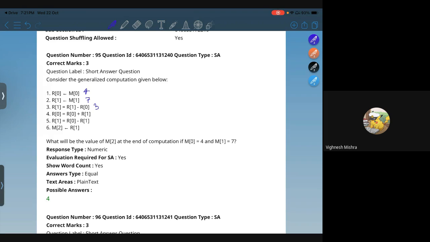Now 0 plus this, which is again 7. Then R1 is R0, so R0 is 7. And then R1 is 3. So this is 4. Then M2 is 4.